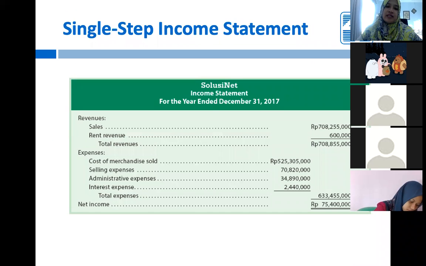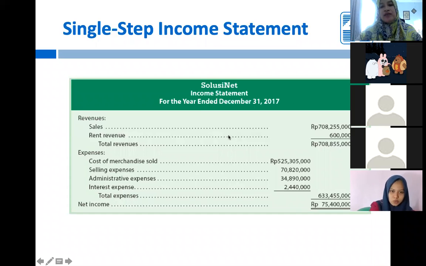Meanwhile, the single step income statement, the shortcoming, the weakness, is that it doesn't give us the detailed information for the purpose of decision making. Why do I always mention decision making? Because accounting is supposed to give information that is useful for decision making by the users of financial statements.